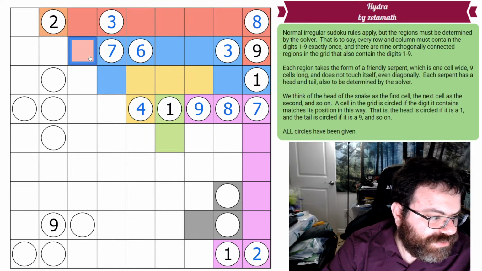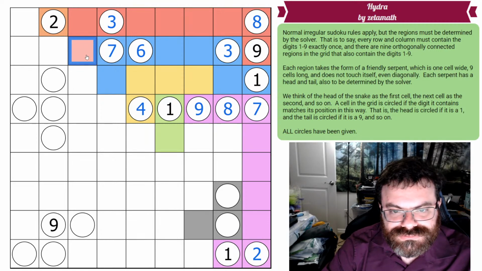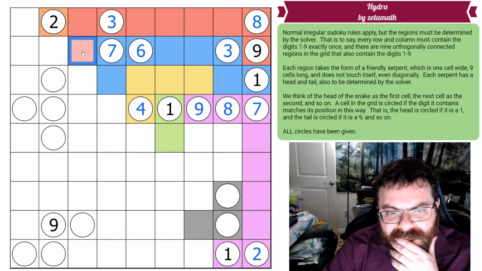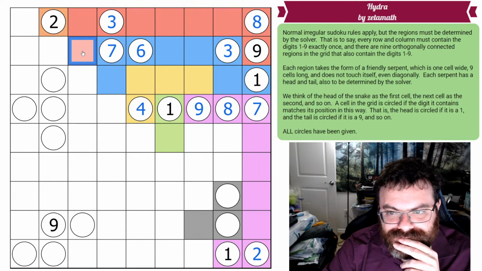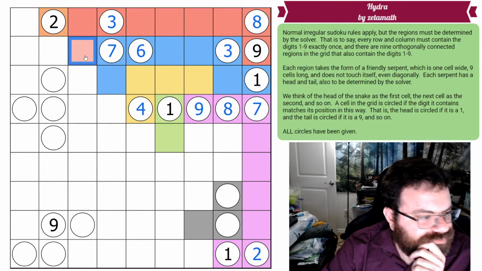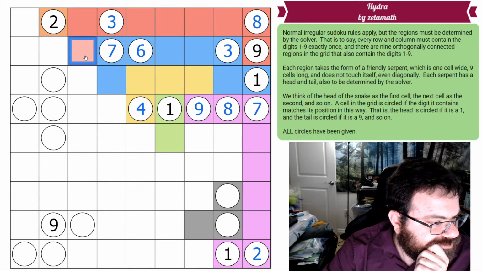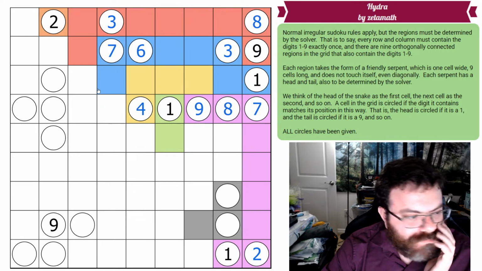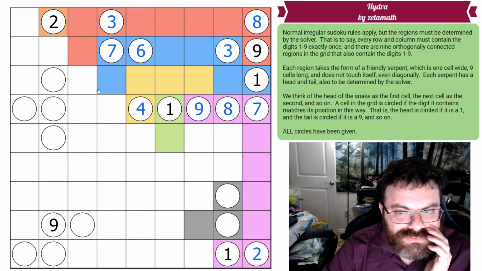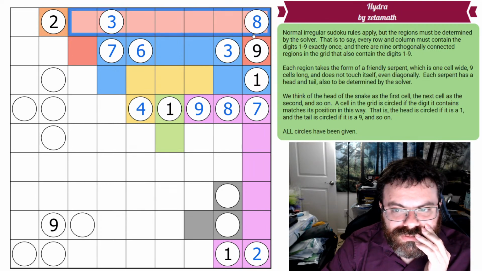Is a 2 in row 2 column 3 placeable? Well, there's no circle, so it can't be. Why would that be a 2? Am I looking at the wrong... I see.